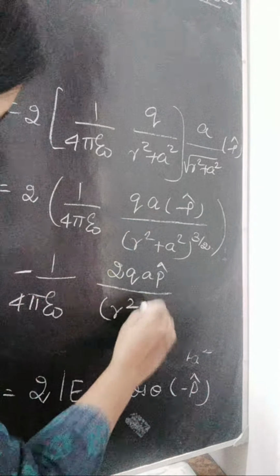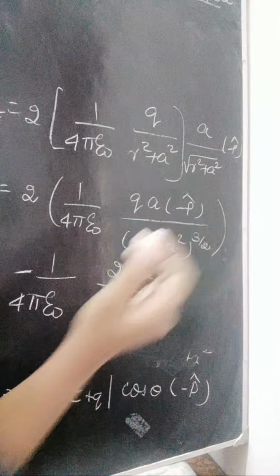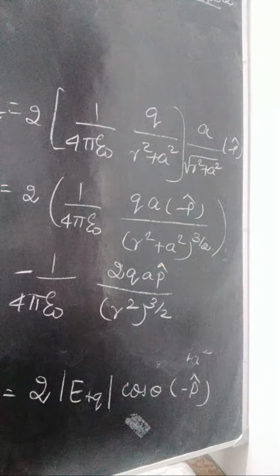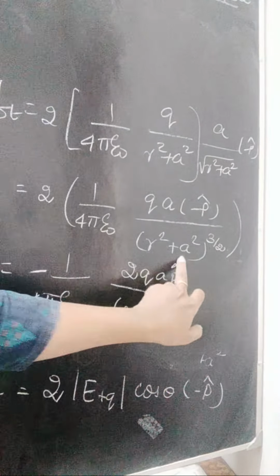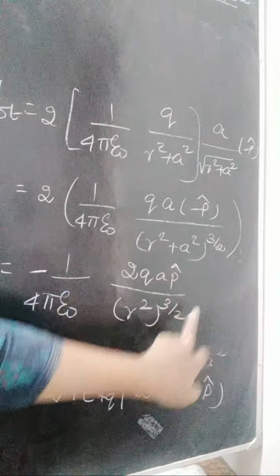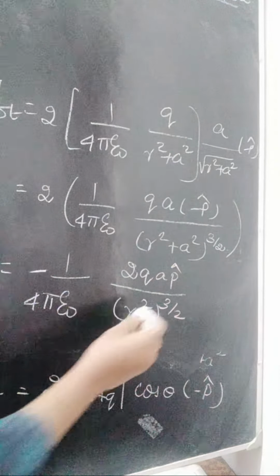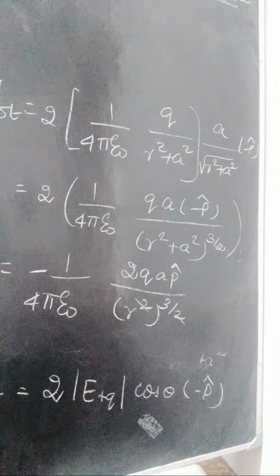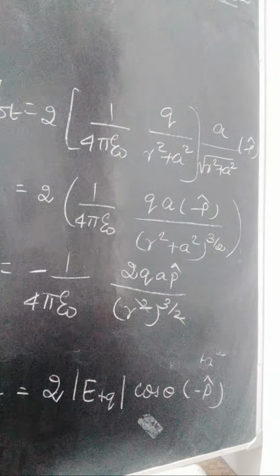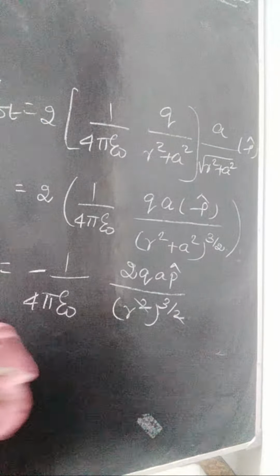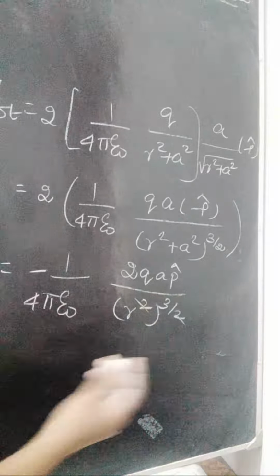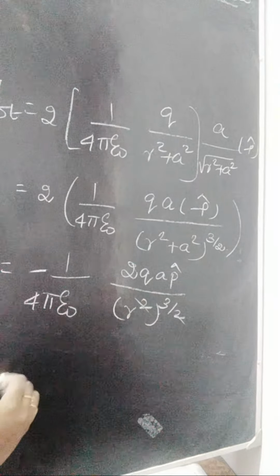Then r square power 3 by 2. Am I correct? I neglected the a, as well as r square power 3 by 2. And these 2 will get cancelled. Yes? Only what will be left then? What is the remaining term? 2qa p cap. How can I rewrite the equation?